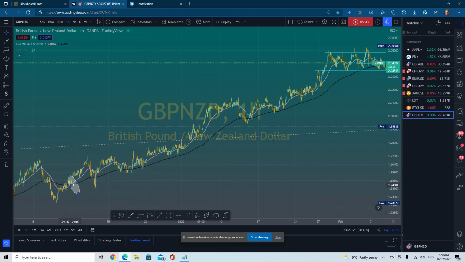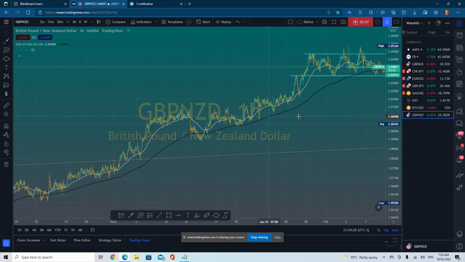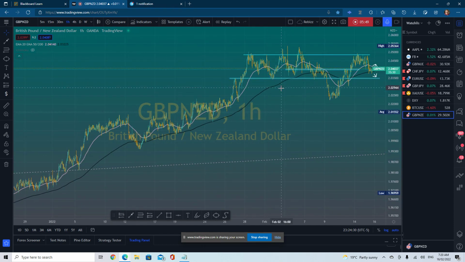So if a person got into a buy in this trade, it means this person will still be holding this trade because the fast moving average came to cross the slow moving average at this level. So I'll mark that level again here. You see this place? This is where the death cross happens.